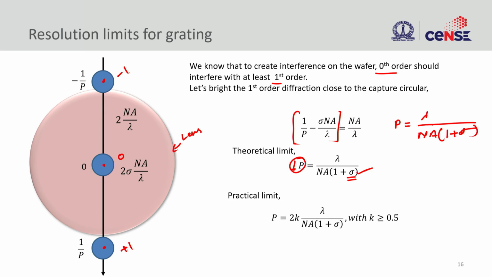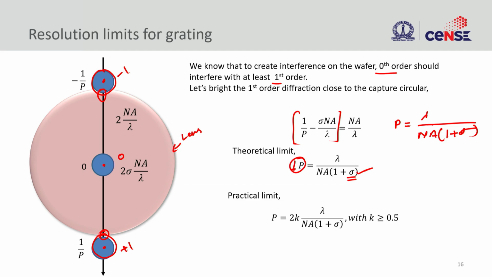So I won't be able to image the structure that I have. But now I have a partially coherent light, and that means I have a band around this. So I have a little bit of these diffracted orders coming through my lens system. I have not changed anything, I have not changed the pitch. I am only looking at the ideal coherent case and then partially coherent. In a partially coherent system, there is a very small overlap, and this small overlap will get my +1 or -1 into the system.